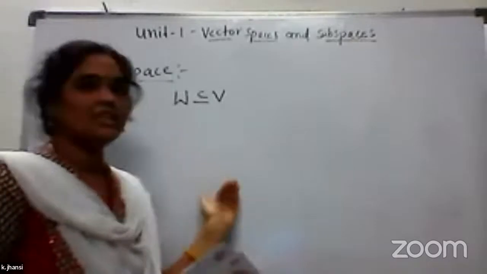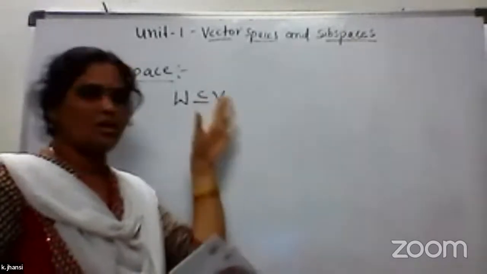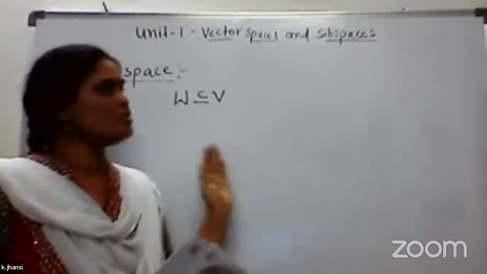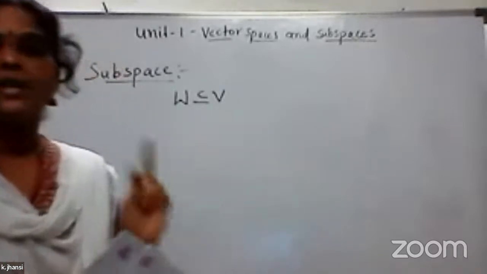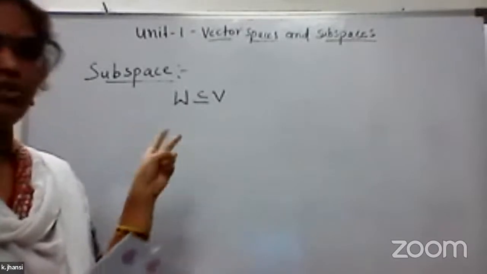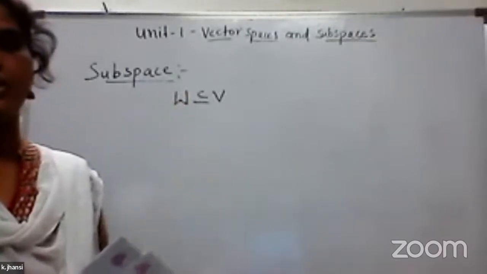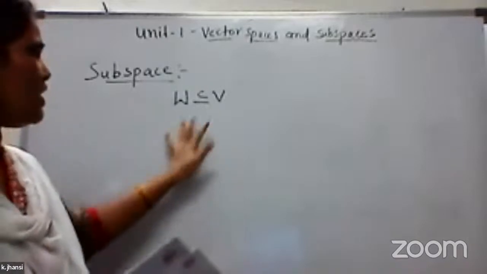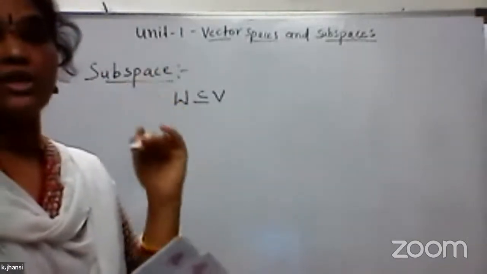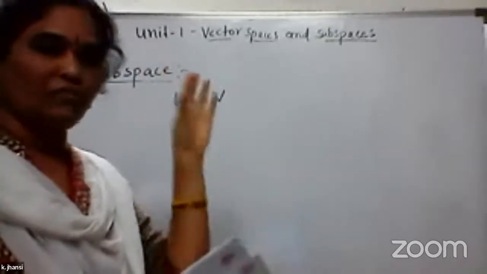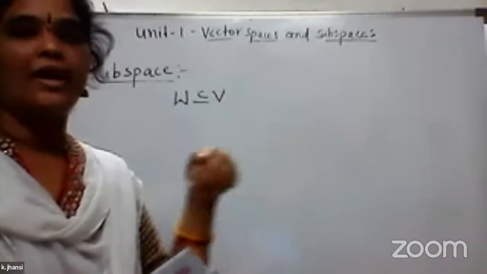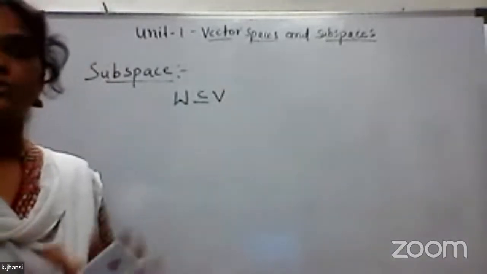It is a very lengthy process to verify all the properties and show that it is a subspace. That's why 2 necessary and sufficient conditions are given. If you show those 2 conditions, we can automatically tell that W is a subspace of V. V comma plus abelian group means 5 properties, and here again 4 properties, so 9 properties we would have to show.